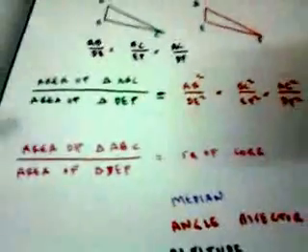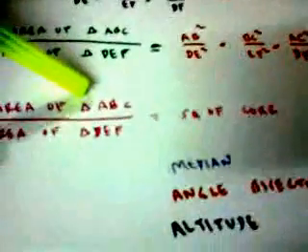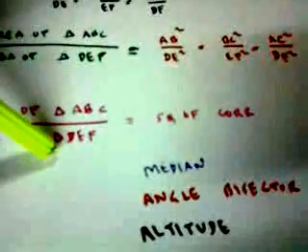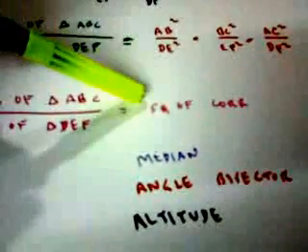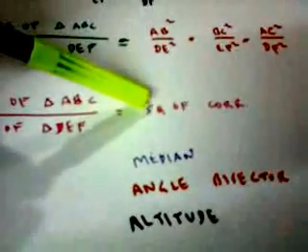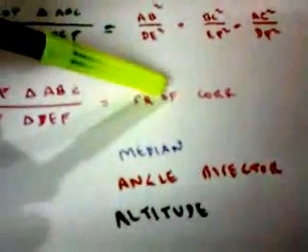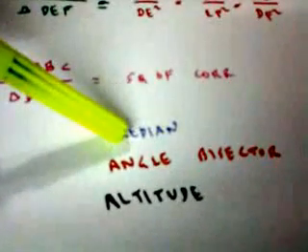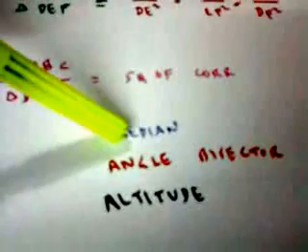So we have area of triangle ABC by area of triangle DEF, where ABC and DEF are similar, equal to the square of the corresponding median. Earlier we did square of the corresponding side. It is also true for square of the corresponding median, square of the corresponding angular bisector, square of the corresponding altitude.